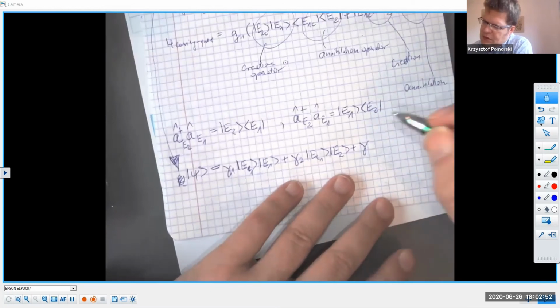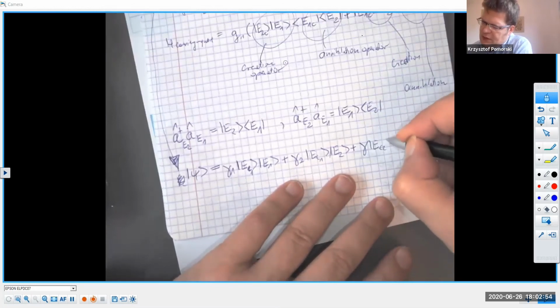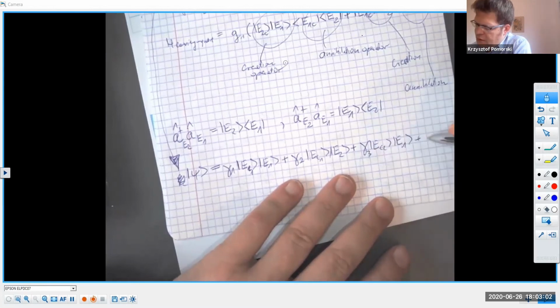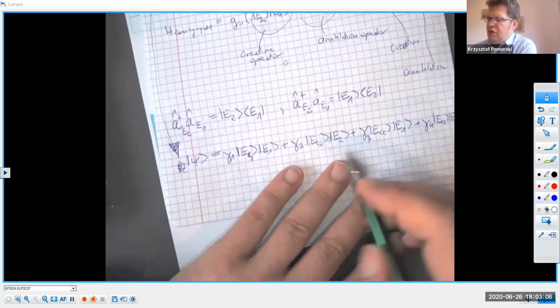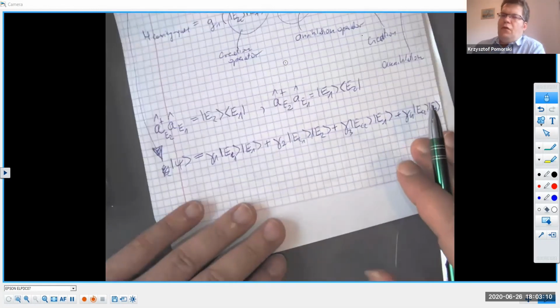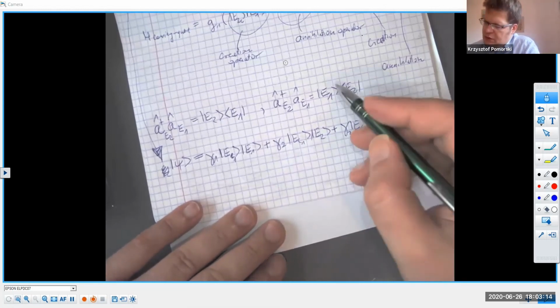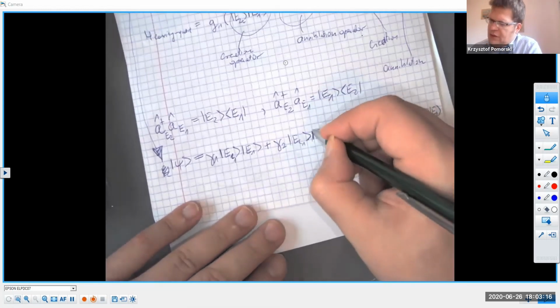And there is a possibility that the cavity is in the excited state and the qubit is in the ground state, and both excited. We have this C2, E2, right? So we have 4 configurations in energy space. This is under certain rigorous assumptions.